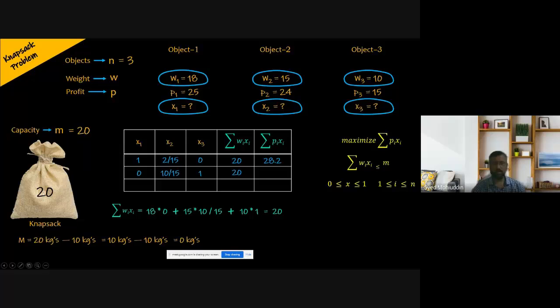Then, with this remaining 10, next is object 2. Since 10 is remaining, a fraction of 10 by 15 has to be filled up. So x2 will be 10 by 15, and 10 gets subtracted, so 0 is the weight remaining. So x1 will be 0, since nothing of object 1 is filled up in the knapsack.